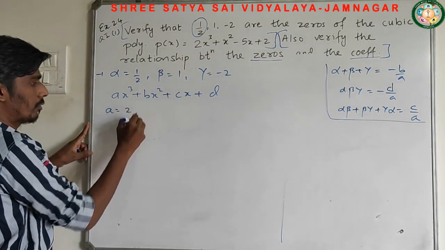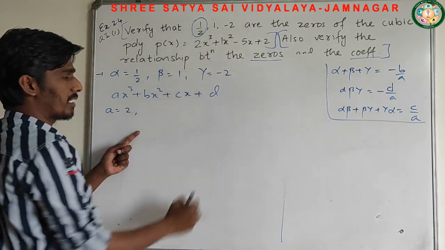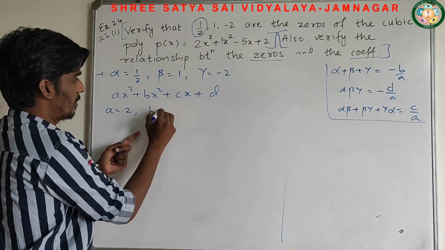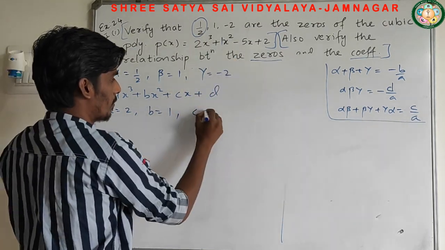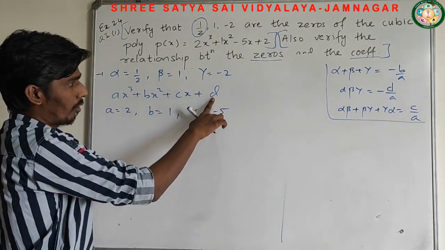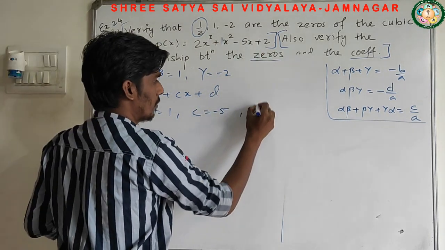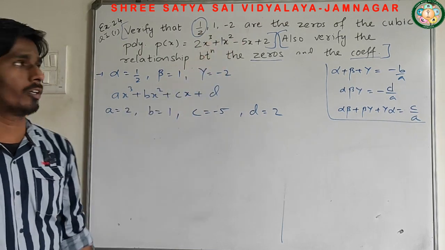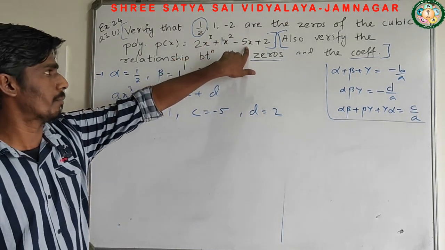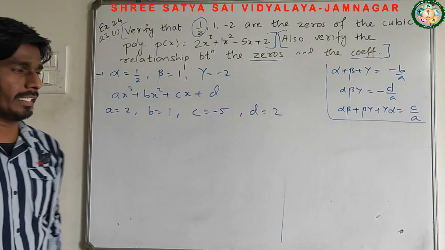A is equal to 2. Instead of b, if nothing is there, it means 1. B is equal to 1. What is the coefficient of x here? It's minus 5. What is the constant term here? D is what? 2. So I got all the four values from the given polynomial. This is a, b, this is c and d.